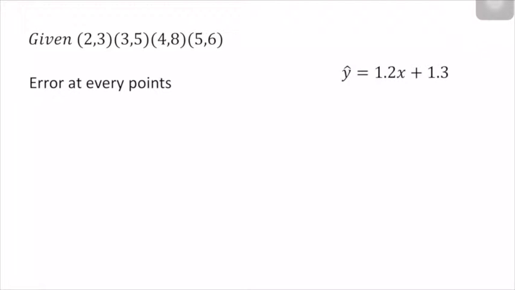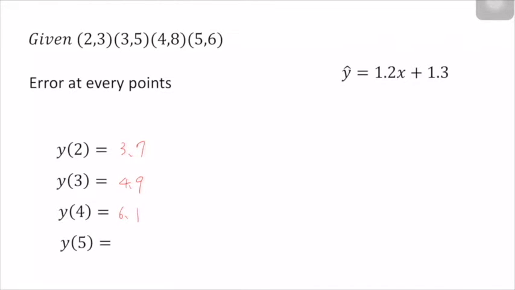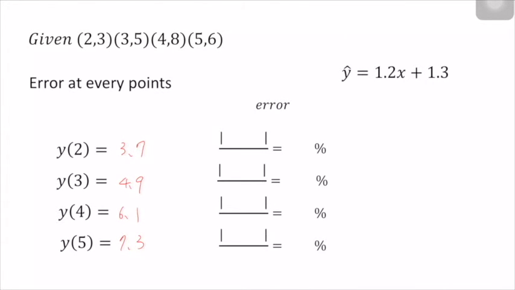The same thing: if we want to find the error at every point, we need to find the experimental y for each x. So we plug each x in to get y equals 3.7, 4.9, 6.1, 7.3. And we use the formula to find the error. For this one, it is 3.7 minus 3 over 3, which is 23.33%.